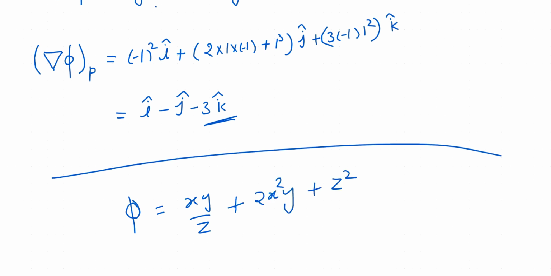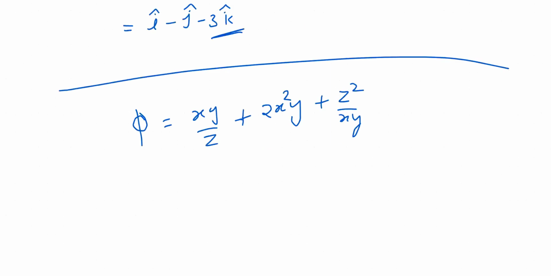But obviously we will have terms involving x, y, z, either in product form or in quotient form. You got it? Yeah, ma'am. Can we try this? Yes, we can.